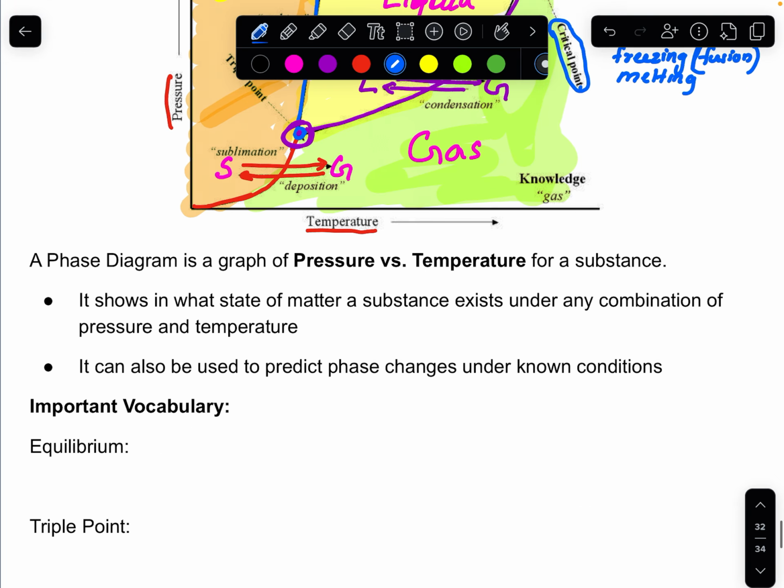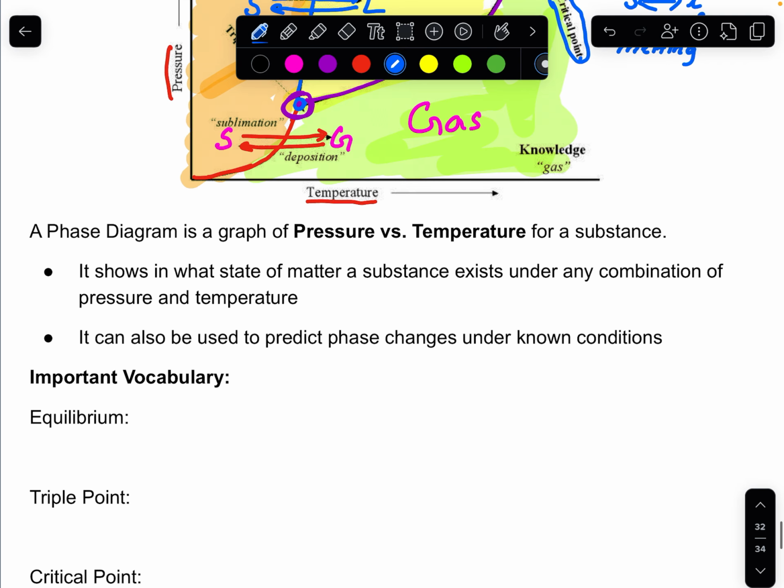Now, a phase diagram, again a definition we already discussed. It's a graph of pressure versus temperature of a particular substance. Every substance has three lines, but each will have a slightly different shape. It shows what state of matter exists under any combination of pressure and temperature.